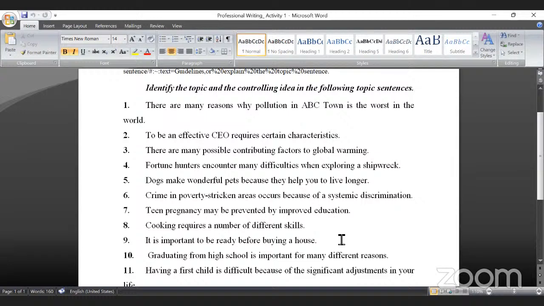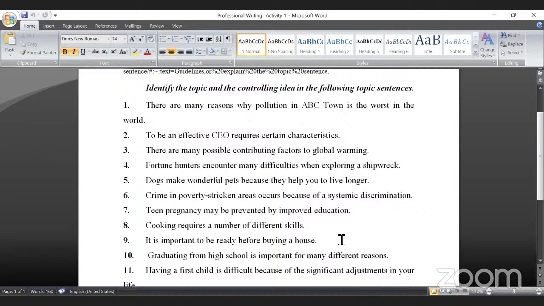If we want to do carefully, it says because of a systemic discrimination. This is a claim you are making. You have to prove it, right? You give a reason for something and then you'll have to prove it, right? Topic sentence is usually a claim that you make, and then you have to write more supporting details and arguments to establish that claim, right?